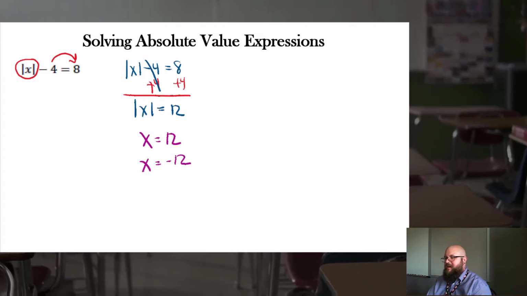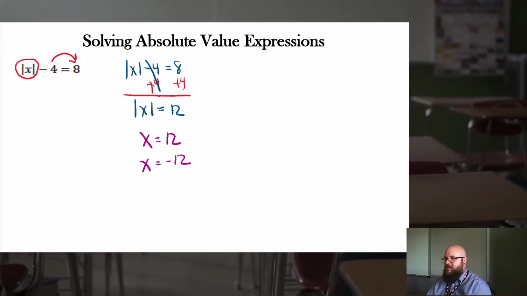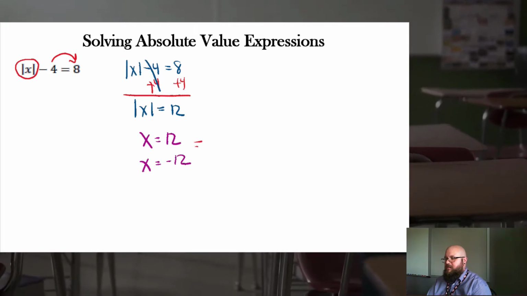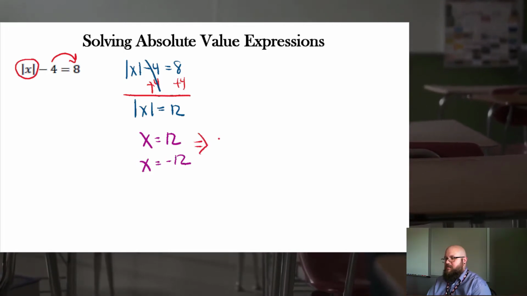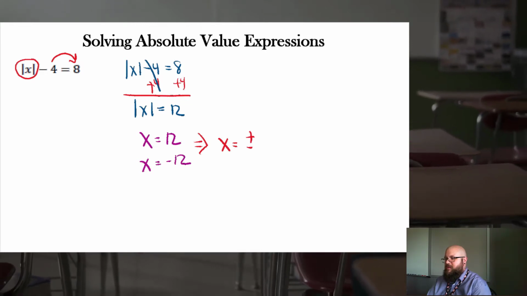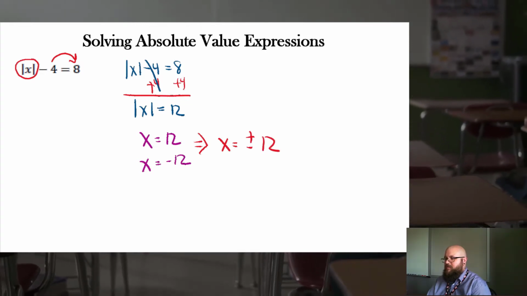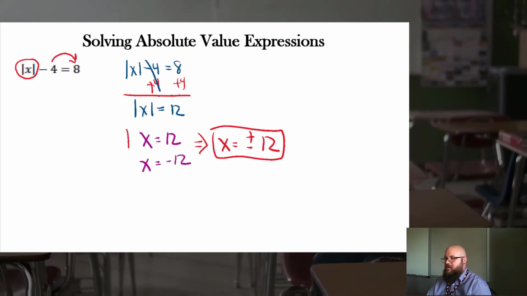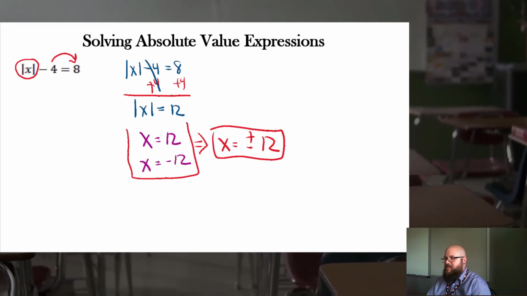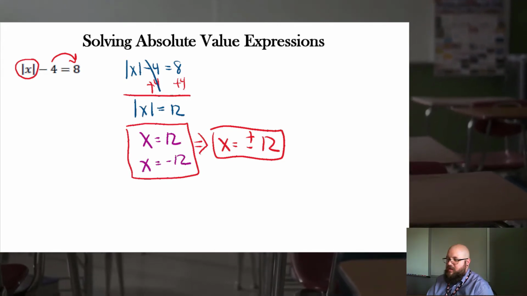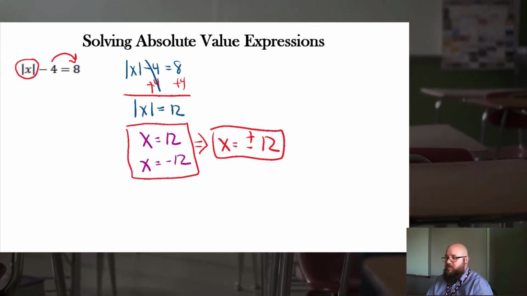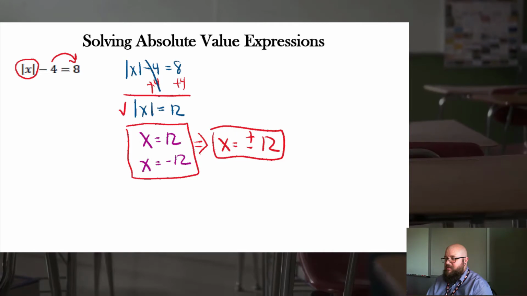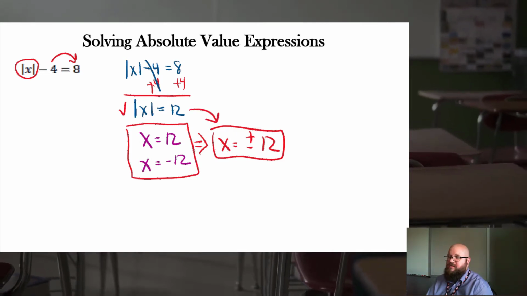And that can be written simply by saying x equals plus or minus 12. That's the answer. You can write it like that, or you can just leave it like this. Either way is acceptable. You can write it a little bit easier by simply saying x is equal to plus or minus 12.